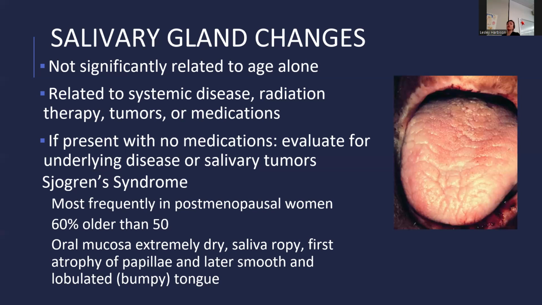There are also some changes that women can experience postmenopausal. 60% of those older than 50 years old can have an autoimmune condition, Sjogren's syndrome, and they don't just have the dry mouth, they have dry eyes and other things that can affect other areas of the body too. So that could be a possibility, or something else. You could just recommend that they talk to their physician about it if they're complaining about it.